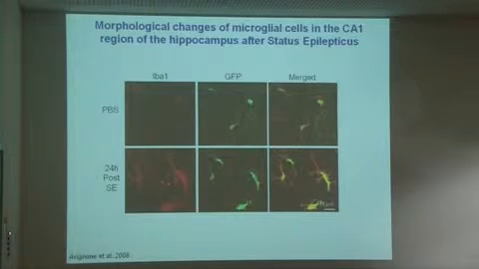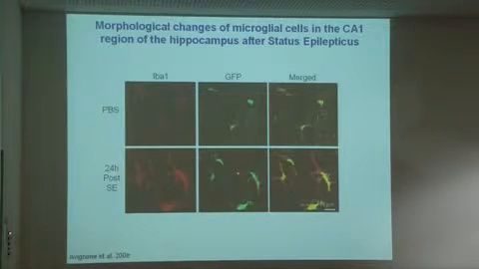And then 24 hours after the status epilepticus, you see that the morphology of those cells is completely changed. We have an enlargement of their soma, a thickening of their processes, and a retraction of the thinner processes. So this was actually known. We were expecting something like that.